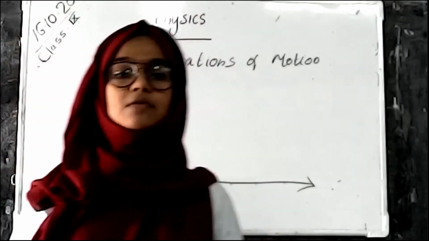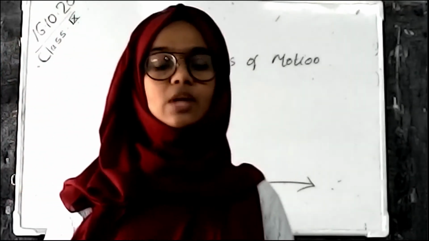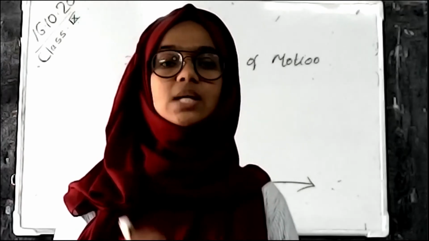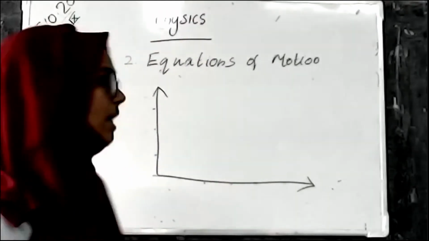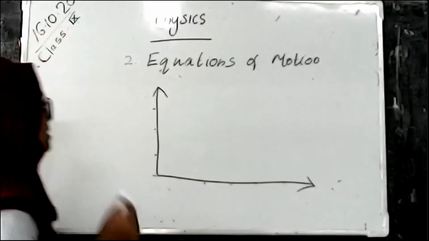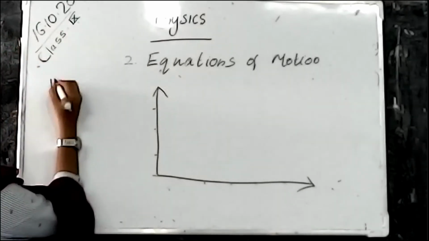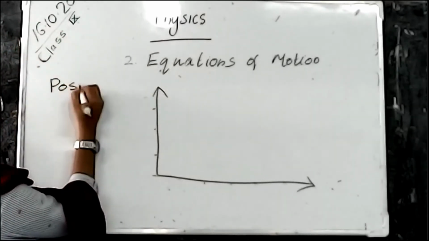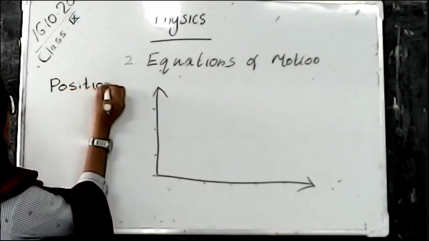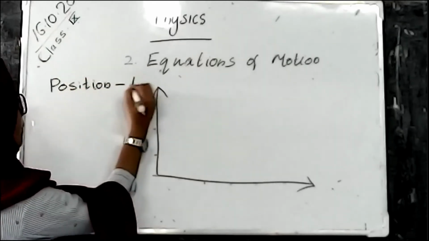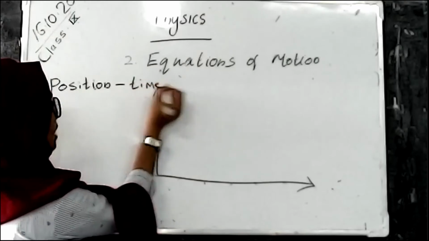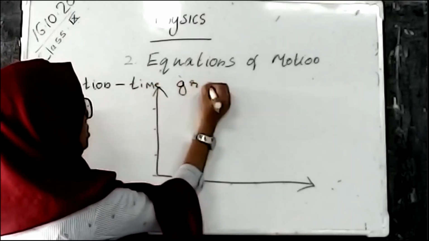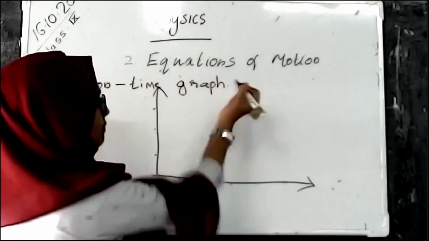And we are discussing a new graph, that is the position-time graph. A type of graph that is the position-time graph. What is a position-time graph?